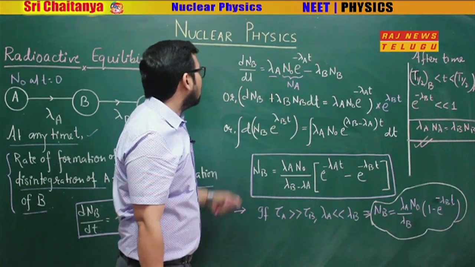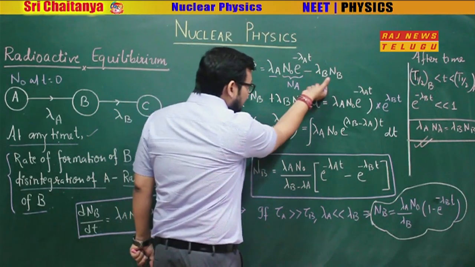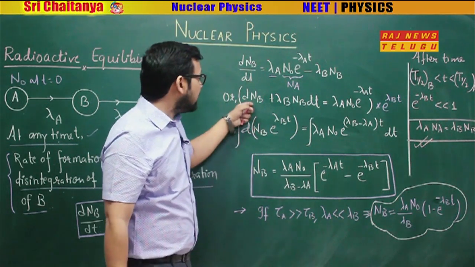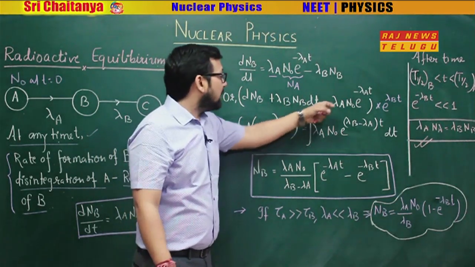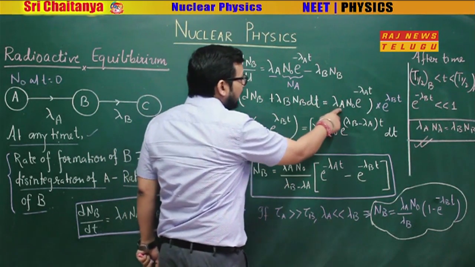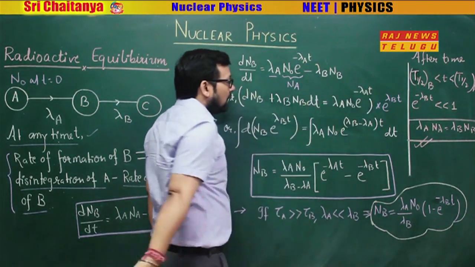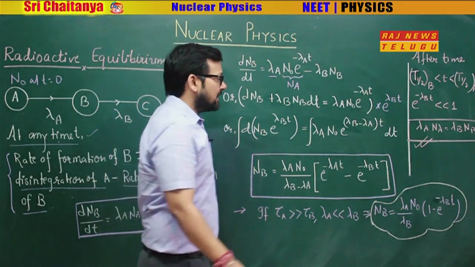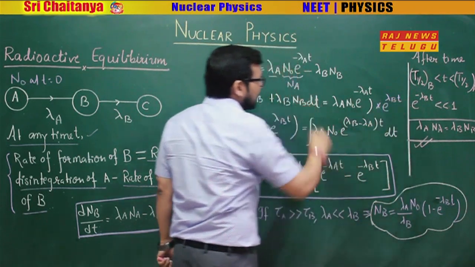Now cross multiplying with dt and taking that negative term to the left hand side, the equation is dNB plus lambda B NB dt equal to lambda A N0 e raised to power minus lambda A t dt. Now, to make a proper differential equation, we multiply by e raised to power lambda B t on both sides.